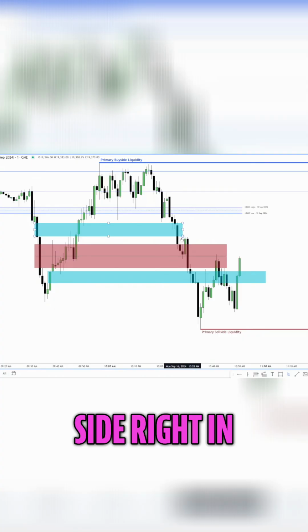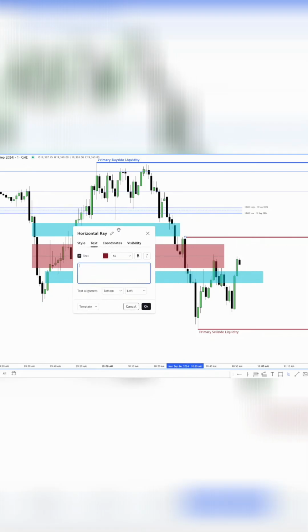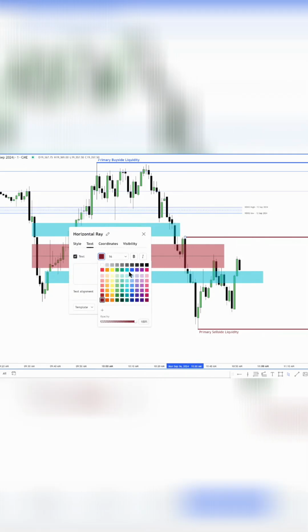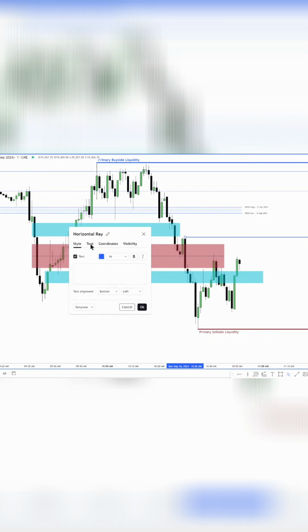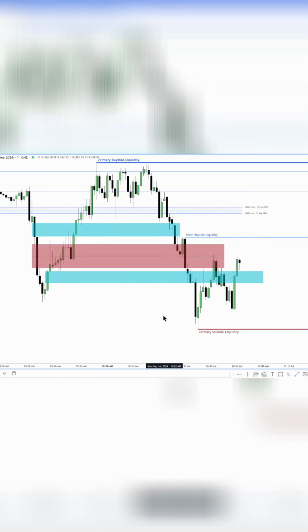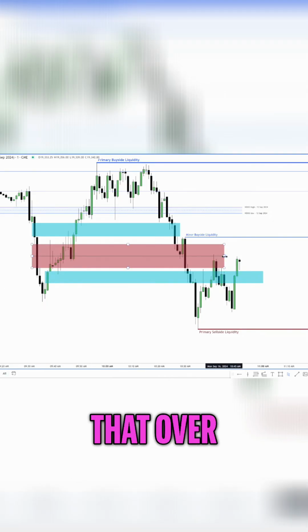That's a minor buy side right in here, right at those highs. And because you have this inefficiency over here, you want to drag that over too.